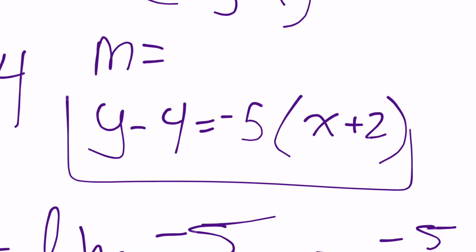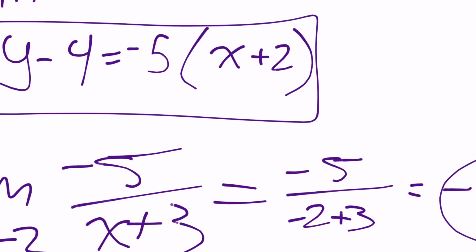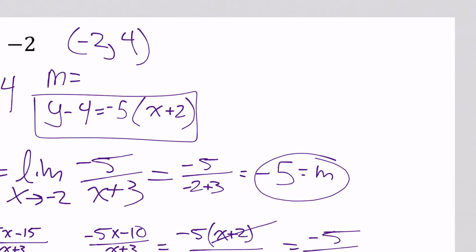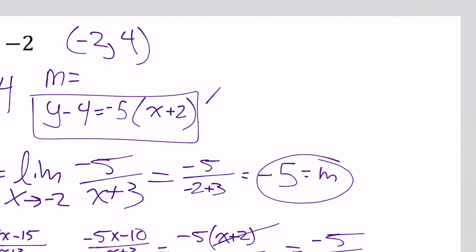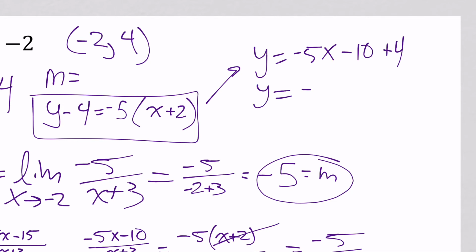And I have my equation. You could stop there. If you like slope-intercept form, then go ahead and solve it for y. So we get y equals -5x minus 10 plus 4, solving it for y. So y equals -5x minus 6.